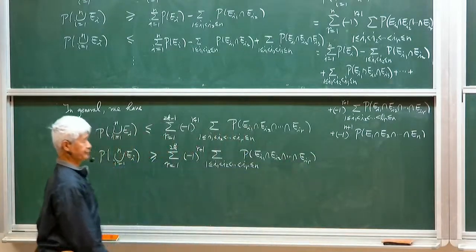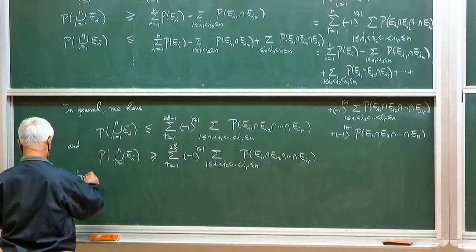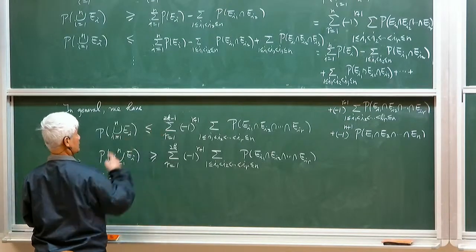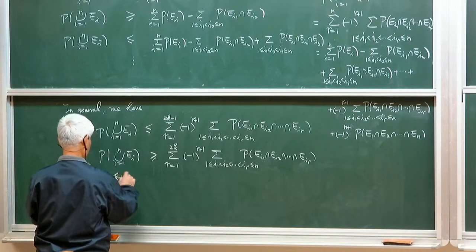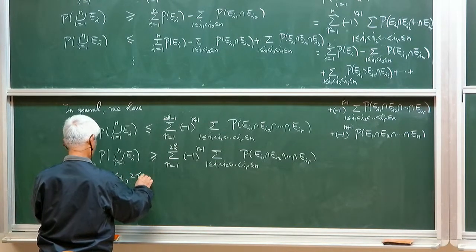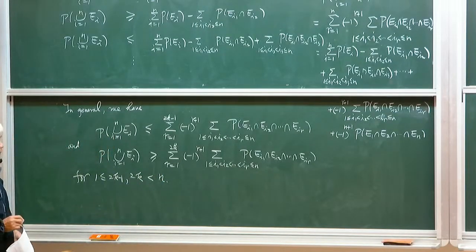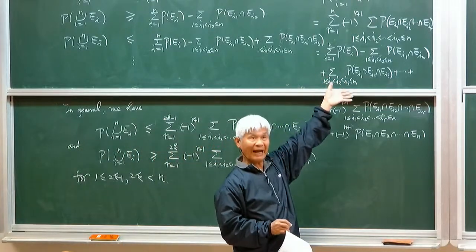Of course, the biggest number in the summation, either 2k minus 1 or 2k, should be less than n. Why? Because if it reaches n, then you will have the identity already.